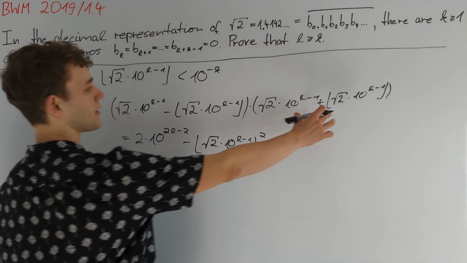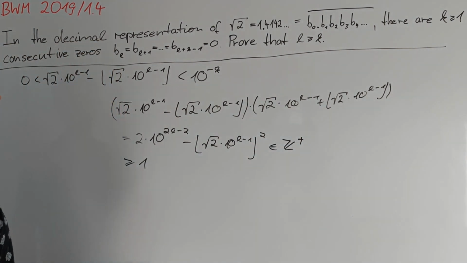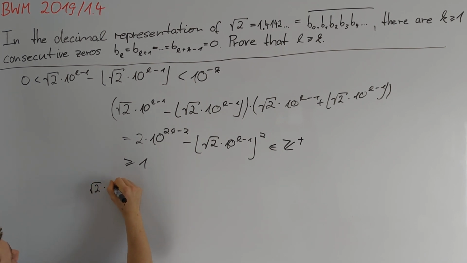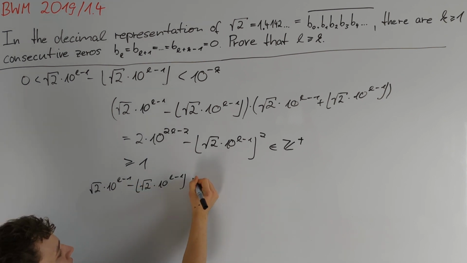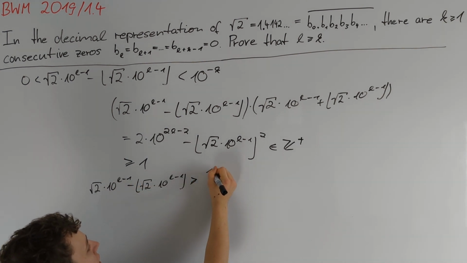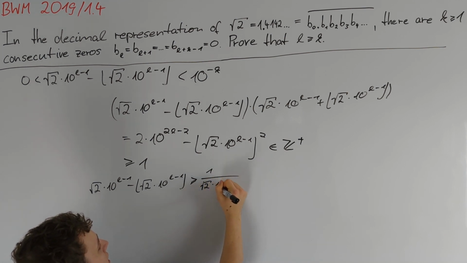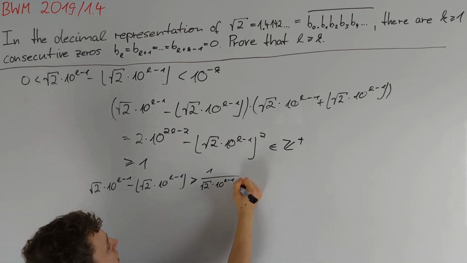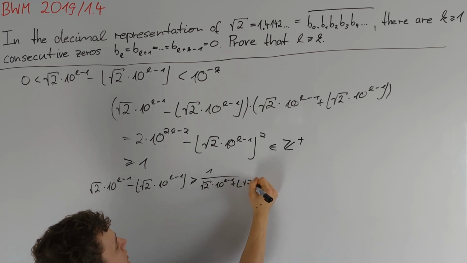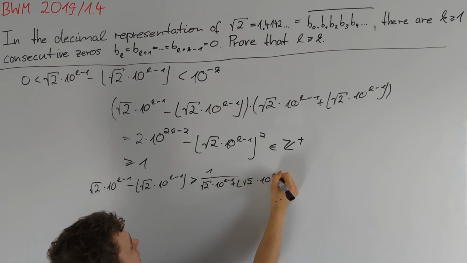Dividing by this second factor, we will actually obtain a lower bound for the term we are actually interested in, namely the square root of 2 times 10 to the power of L minus 1 minus its floor. This is greater than or equal to 1 divided by square root of 2 times 10 to the power of L minus 1 plus the floor of square root of 2 times 10 to the power of L minus 1.